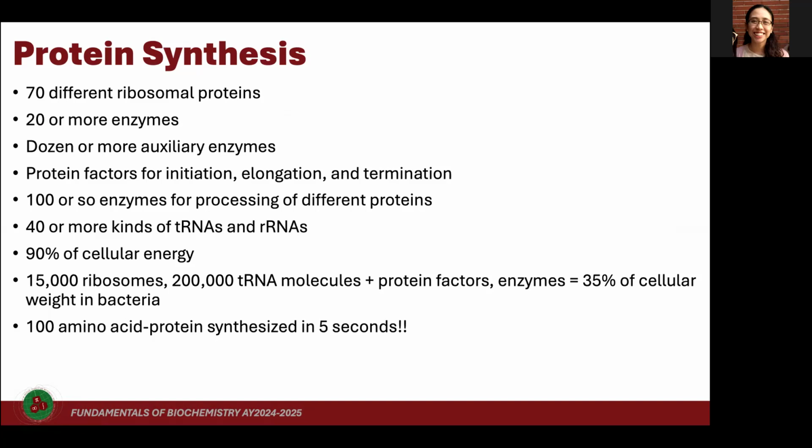It can incorporate at least 500,000 nucleotides per second. Meanwhile, for RNA polymerase, it can incorporate 10,000 to 100,000 nucleotides per second.